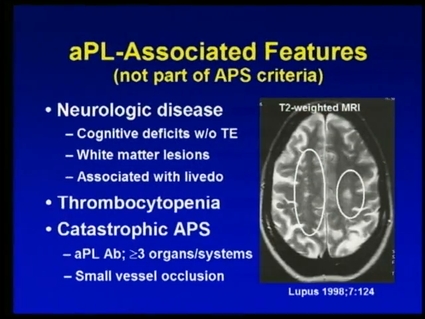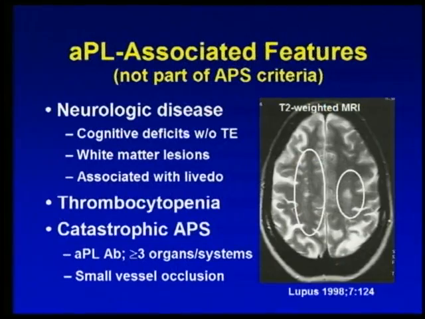Thrombocytopenia is a feature of systemic lupus, but is also associated with antiphospholipid antibodies, and was part of the traditional triad of antiphospholipid syndrome: vascular thrombosis, thrombocytopenia, and prolonged PTT.